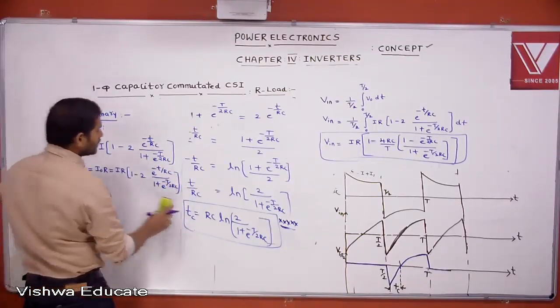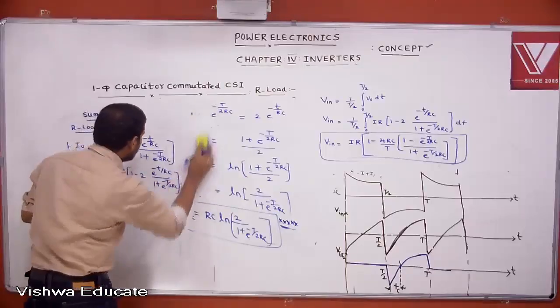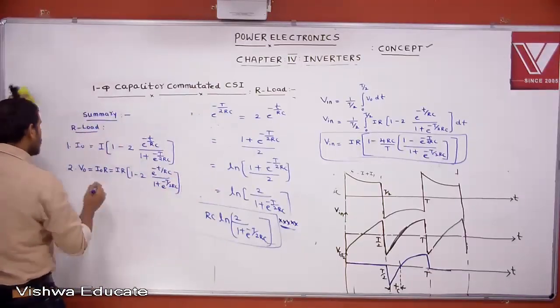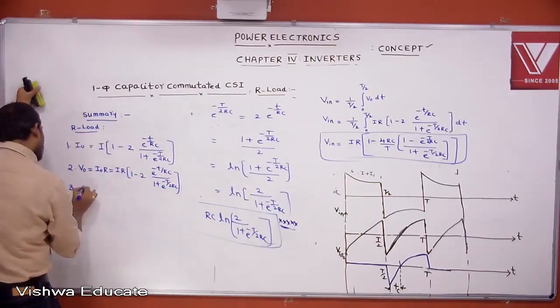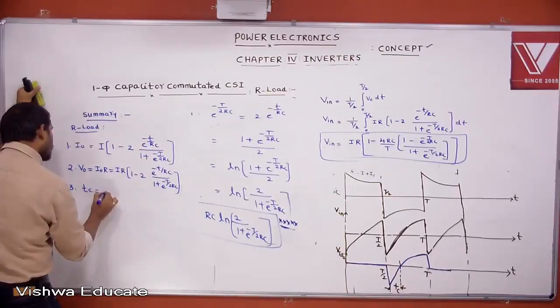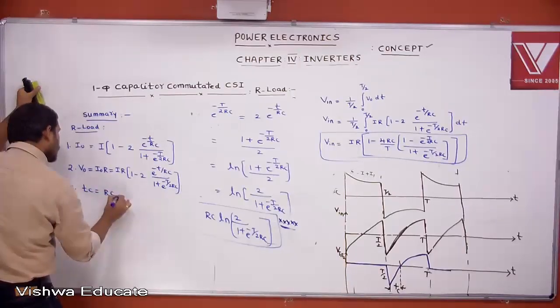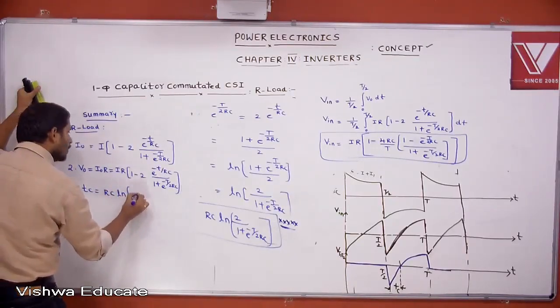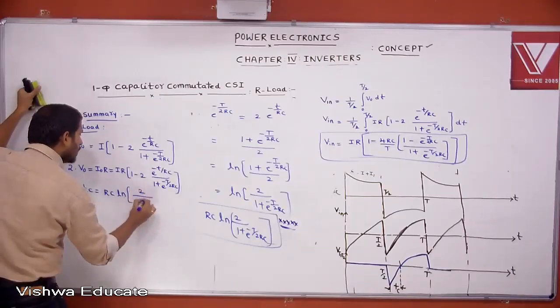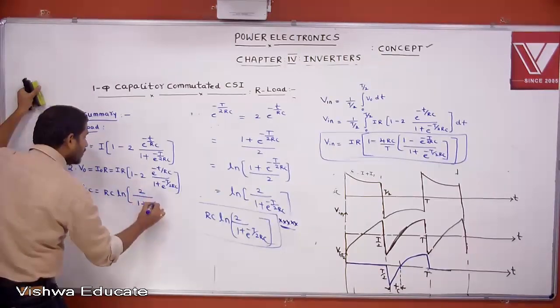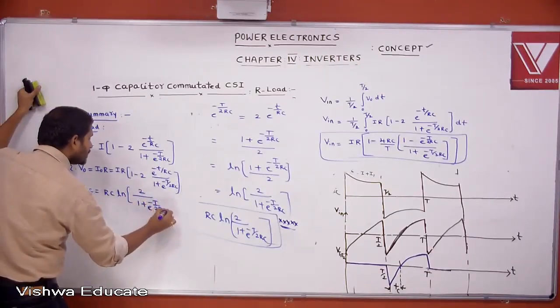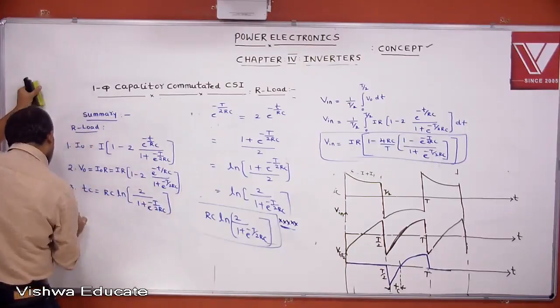Then what is the circuit turn-off time? Tc equals RC into ln of 2 by (1 plus e power minus t by 2 RC).